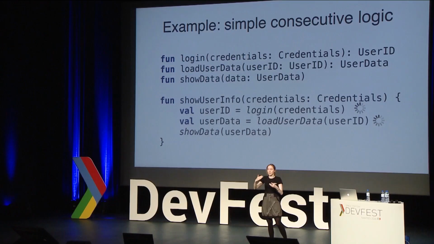If we just write this code in this consecutive, clear way, it will be wrong, because here we have two places where our user can be blocked, because we probably have some network operations, and they may take a long time, and during this time your user will need to wait. So that's something that we would like to avoid: to block the user.